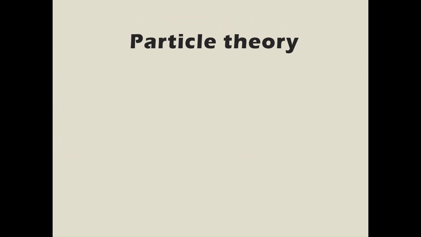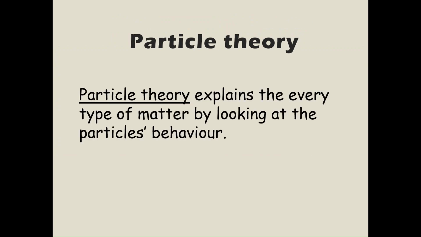So what is the particle theory? The particle theory explains every type of matter by looking at the particles' behavior. According to how particles behave, this classifies matter into solid, liquid, and gas. For example, the particles of solids vibrate in their positions, as you can see.